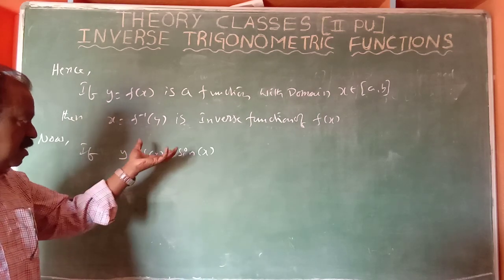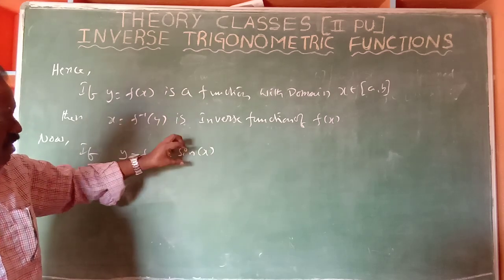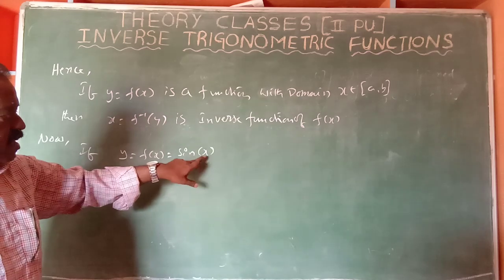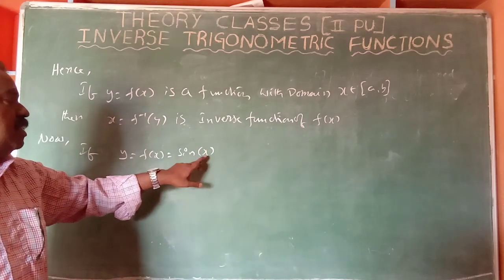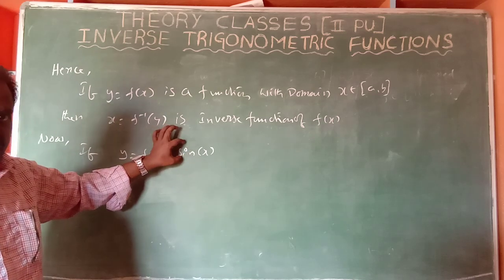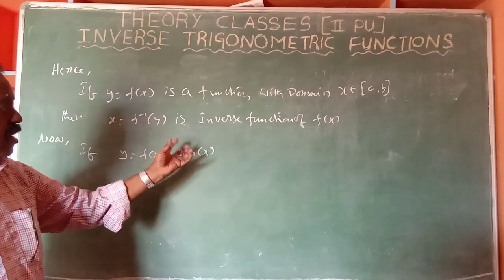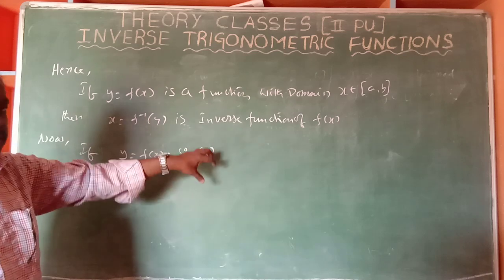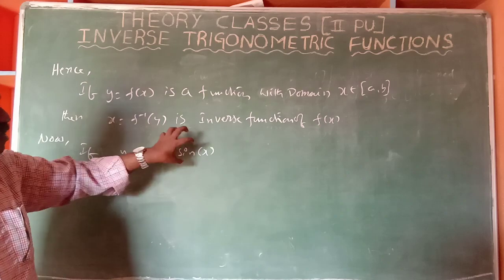That f of x is defined here particularly as sin x, a trigonometric function of x. x is the angle. For the angle, what is the sine? Sine is a function. It is one application for the x variable. That is directly a function. y is equal to the sine function.